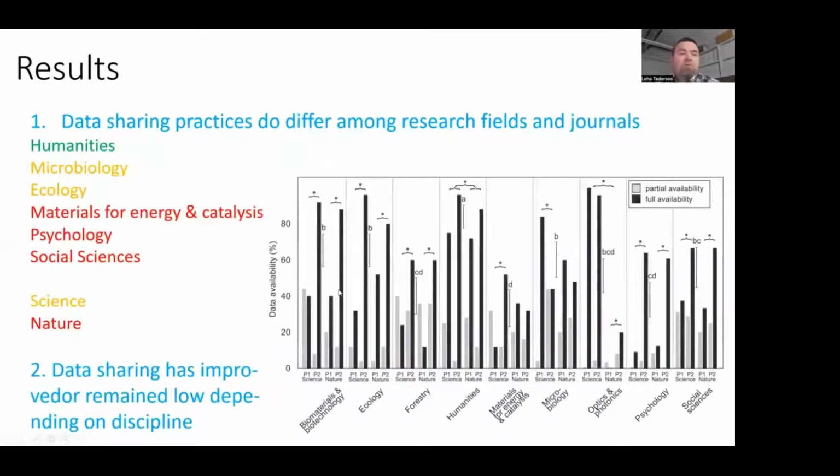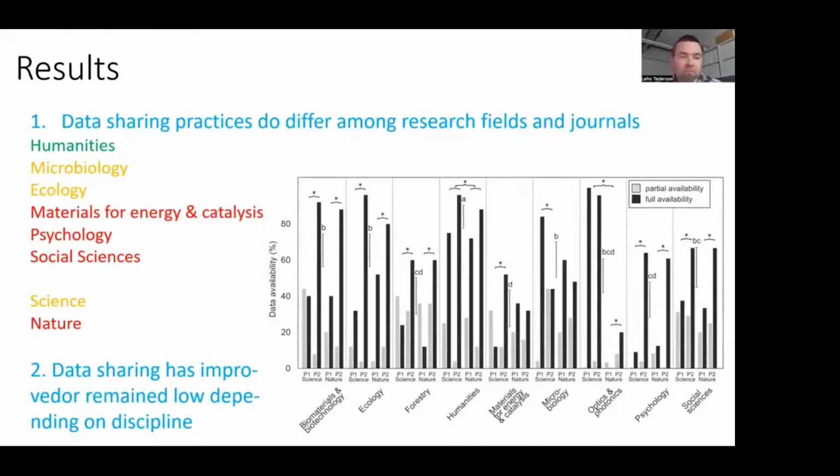We found out that indeed data sharing practices do differ among research fields and journals. The situation is relatively good in the combined field of humanities. It is mediocre in the fields of microbiology and ecology, for example, but it is not that good in materials for energy and catalysis, psychology, and social sciences.